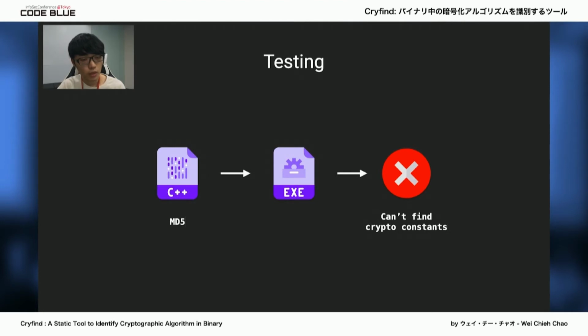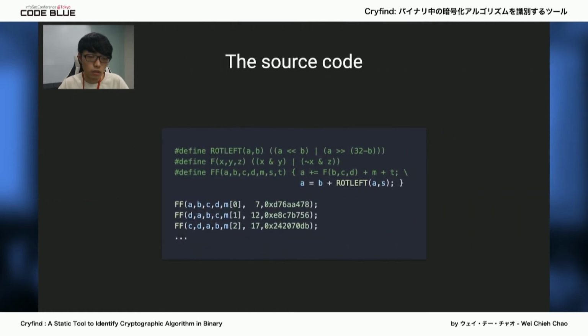After we collected lots of cryptography constants, we tried to find them in sample cryptography algorithm implementations, testing whether we had collected enough constants. But we failed to find the constants in the MD5 sample implementation. So let's try to find out why it's not working.